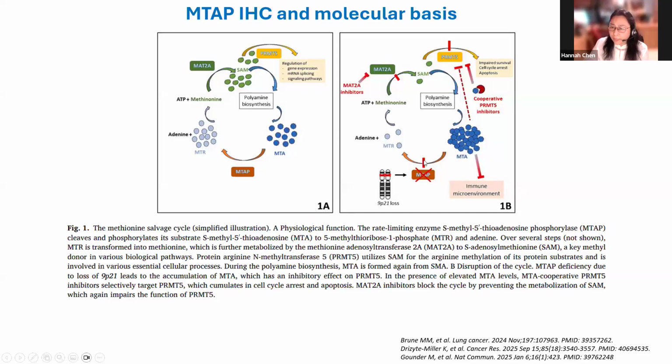If a cell is MTAP deficient, then the substrate MTA will accumulate. Interestingly, MTA accumulation itself partially inhibits this important protein PRMT5. So we already know this protein is very important for cellular survival.